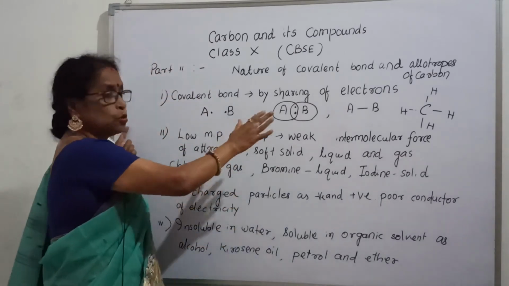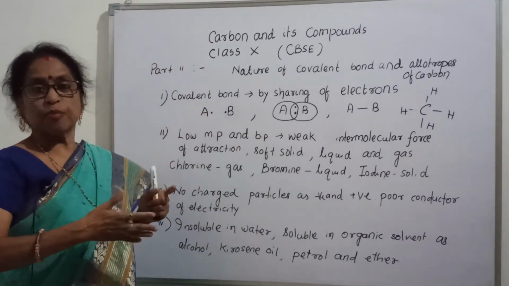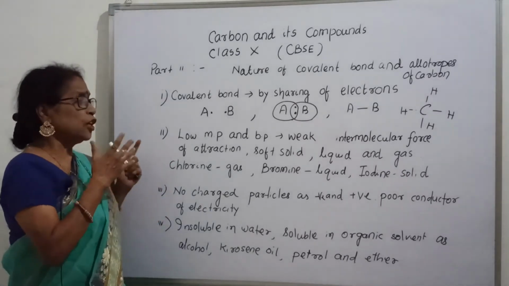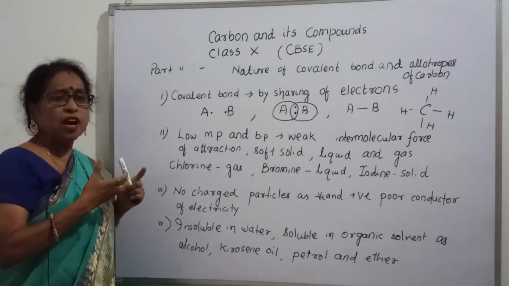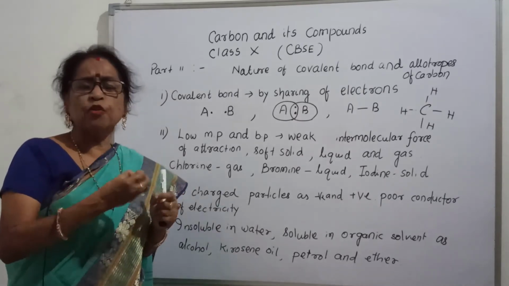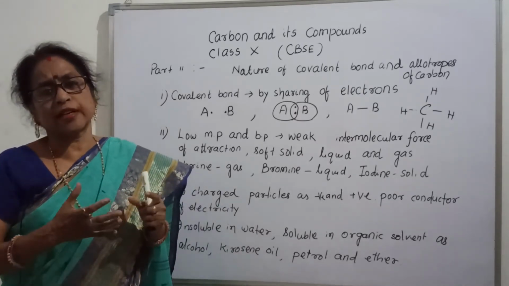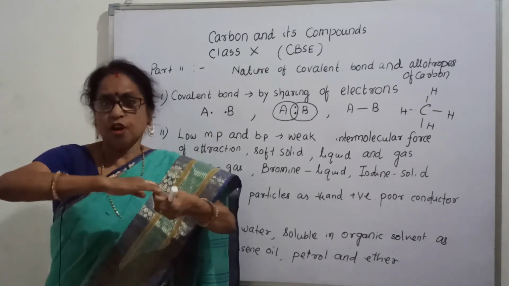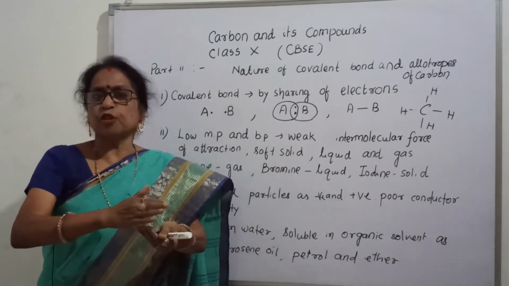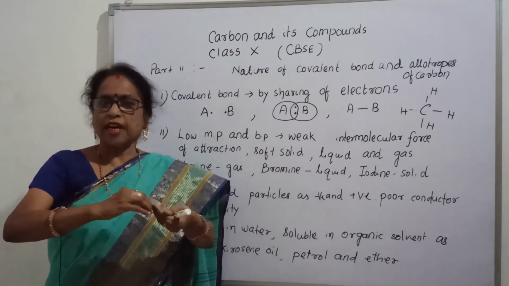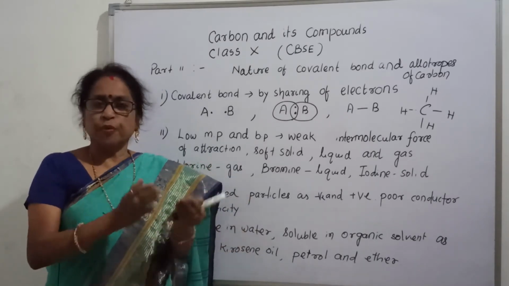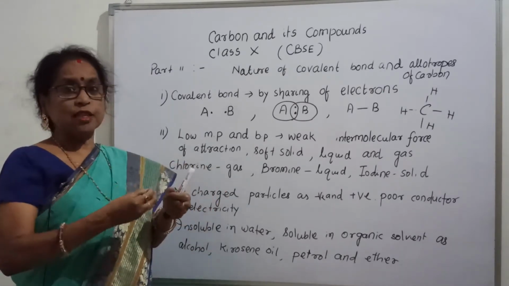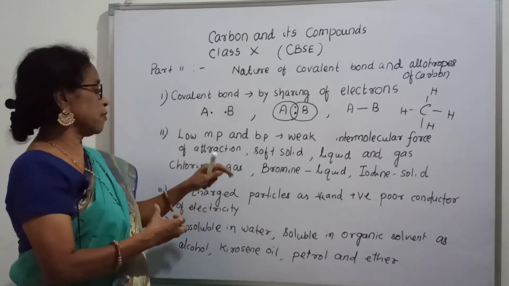Now you should know what is meant by a covalent compound. Already I have explained electron dot structure, and here, due to sharing of electrons, there is a very weak intermolecular force of attraction, no strong force of attraction. If there is a strong force of attraction, it is very difficult to break the bond, but if it is a weak attraction, it is very easy to break. Breaking the weak intermolecular force of attraction is very easy.